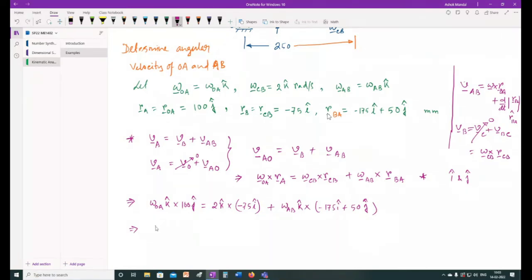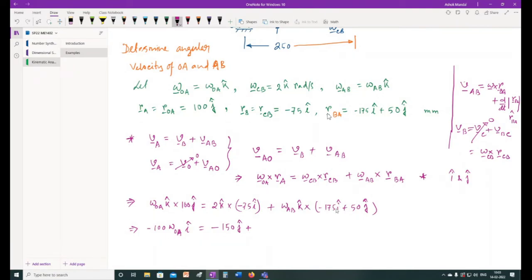K cross J is minus I, so this is 100 omega OA into I. What about this? K cross I is J, and 2 into 75 is 150 J. Plus, what about this?